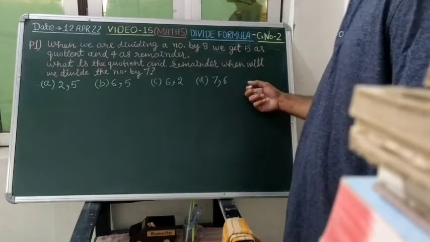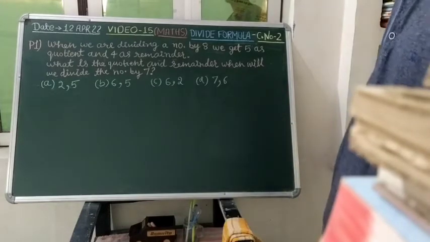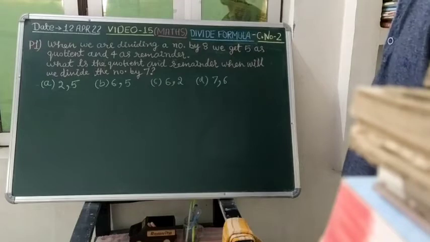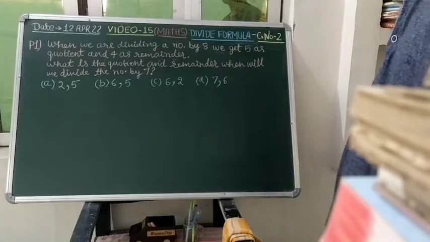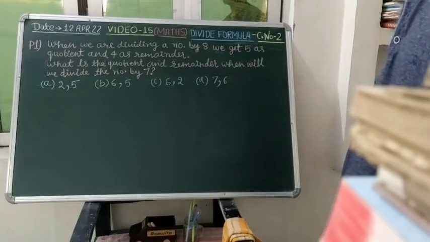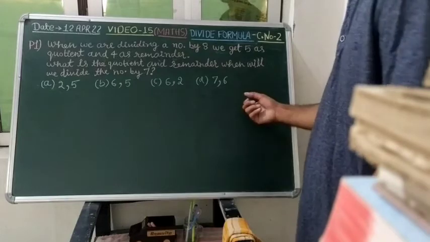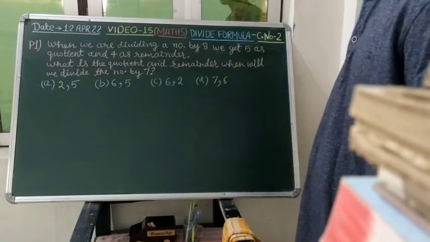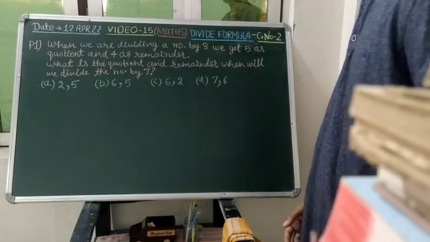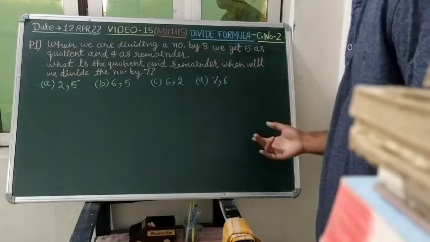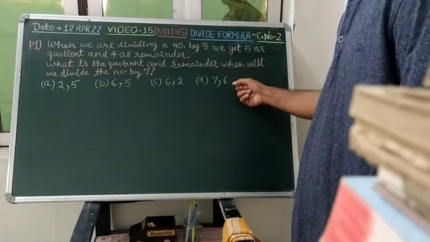Here I am choosing one problem, a previous year problem of the Sainik school. In the previous video I told you that you can go through the options, but the Sainik school is not going to give you only questions that you can cross-check by the options.